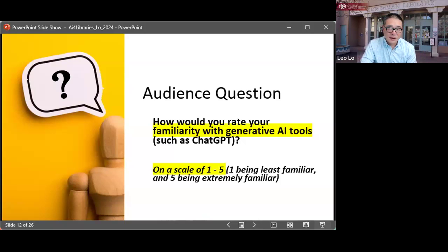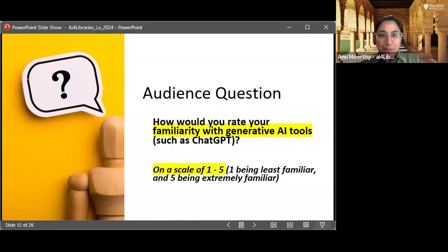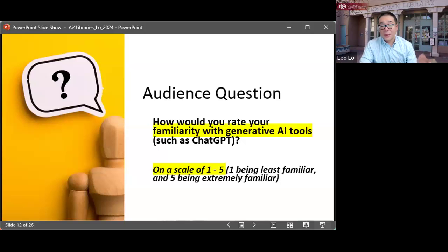Give it a second, and then you can think about how you would rate how familiar you are with generative AI tools like ChatGPT, on a scale of 1 to 5, 1 being least familiar and 5 being extremely familiar.